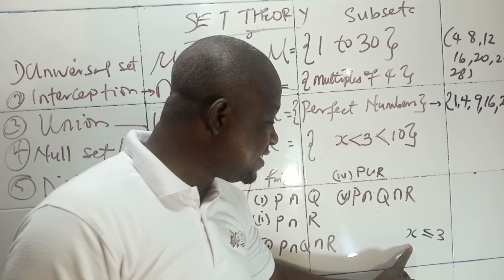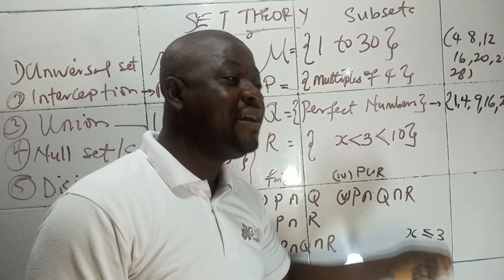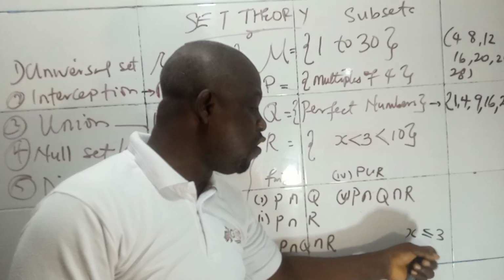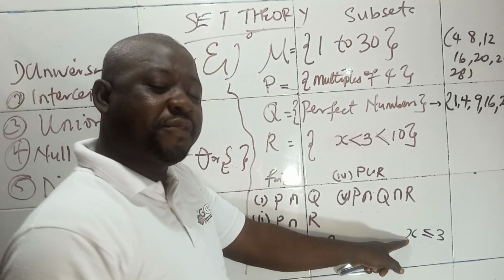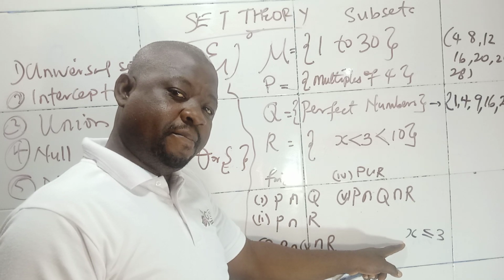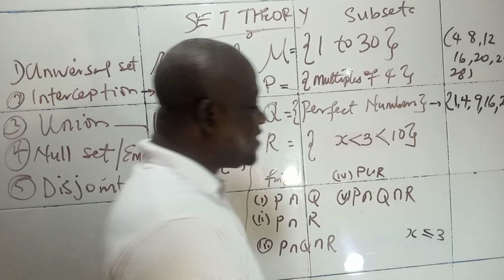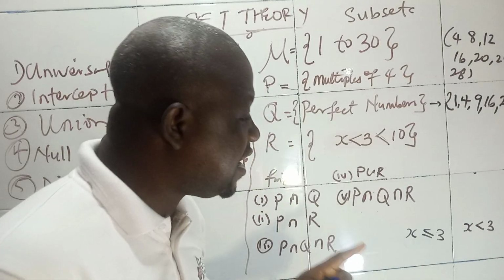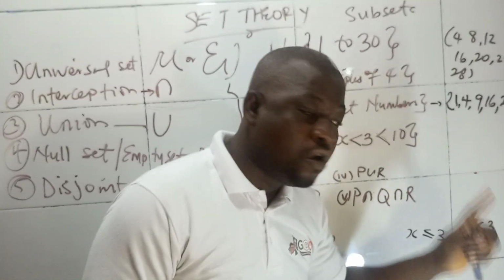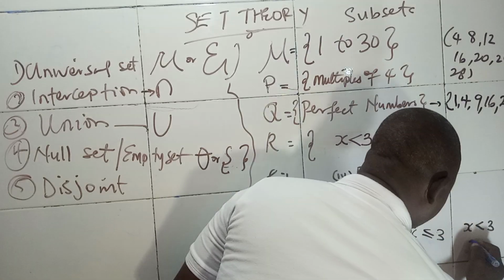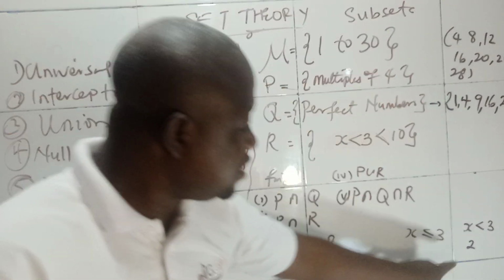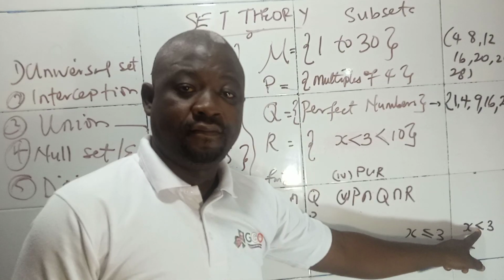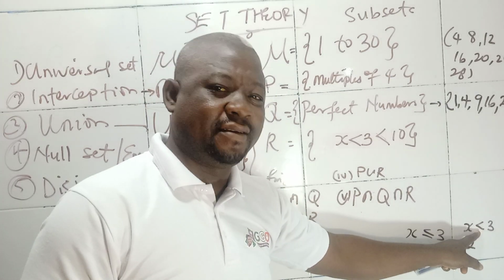If I say x is less than or equal to 3, it means that the first value of x is going to be 3. That's the meaning of this information. But if I say x less than 3, it means that the first value of x is going to be 2, because equal to is not there. I believe that is clear.